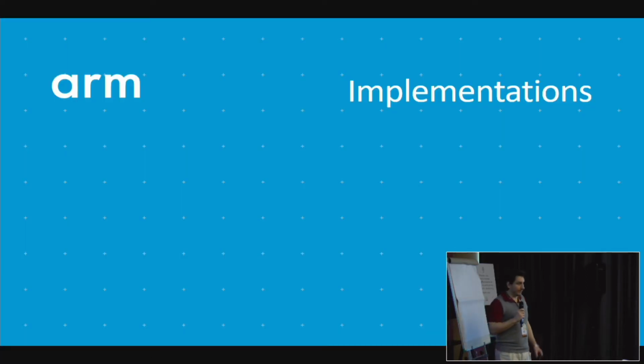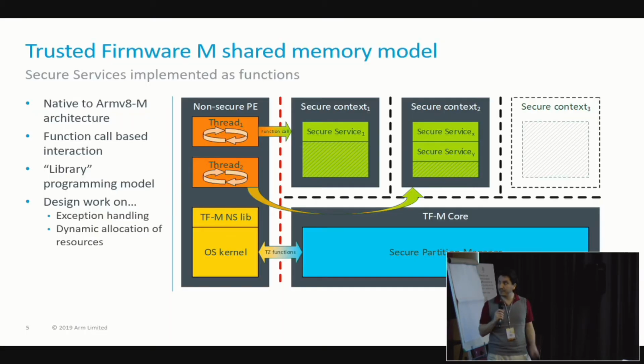Let's look at the different implementations that Trusted Firmware M offers, because we have several flavors of Trusted Firmware M. The one that we discussed and created last year is where secure services are implemented as functions. This implementation is native to ARM v8M architecture.